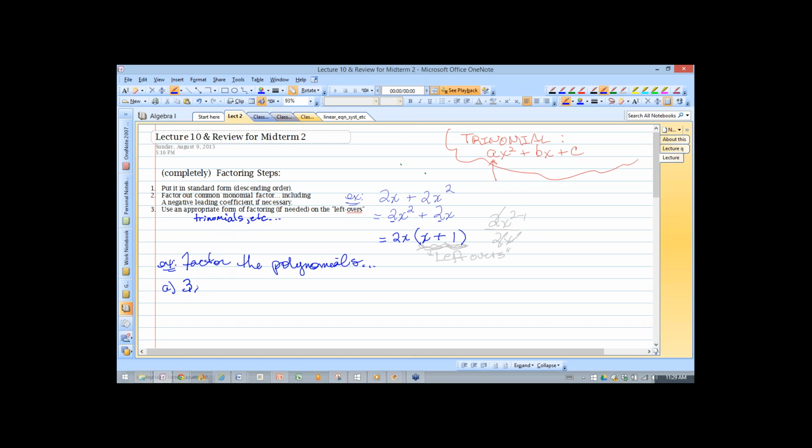Okay, so first I want you guys to work on this while I write a few other problems down too. We'll have 3x squared y minus 6xy squared plus 12xy. So work on that, and I am going to write some more down.